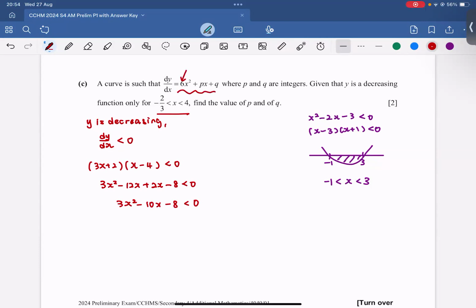So I times 2 throughout the equation to make my minus 6x squared appear. So you can see that your 6x squared plus px is actually this. By comparison, straight away we can see that p is -20 and q is -16.